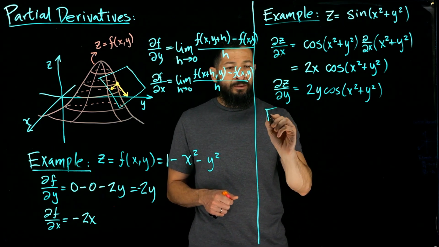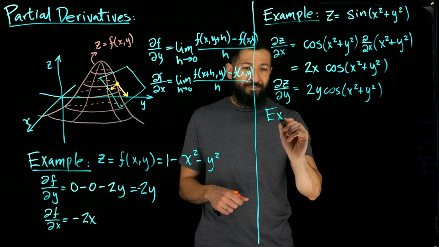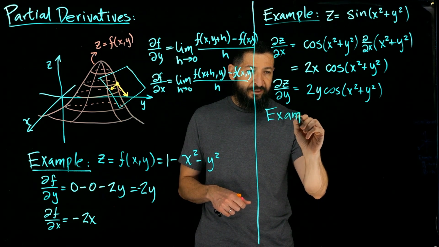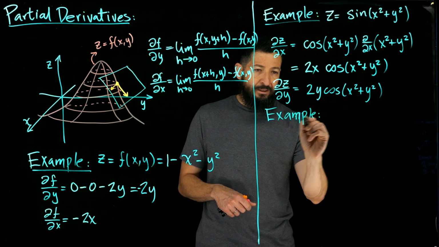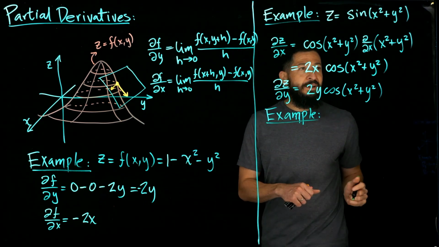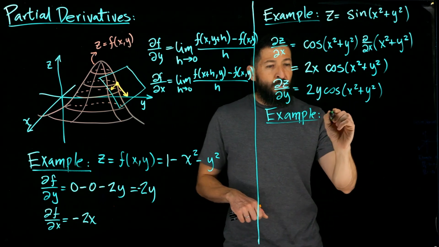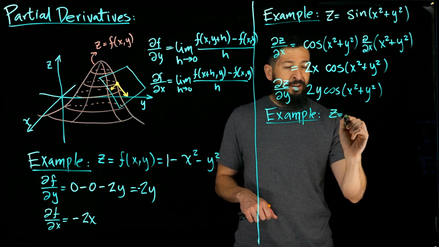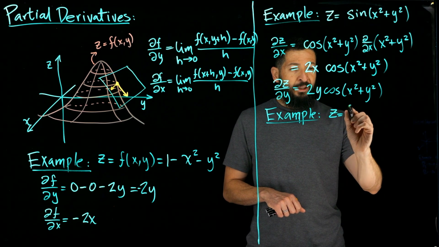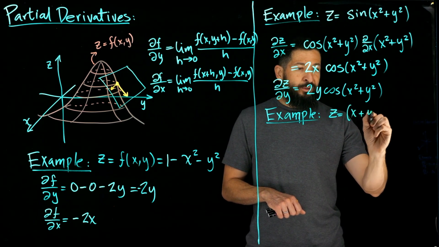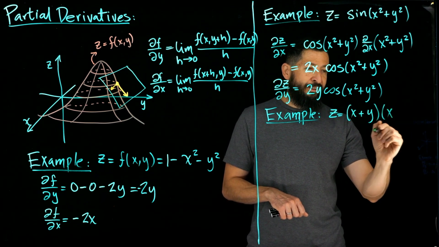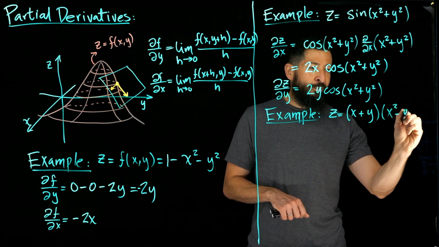Let's do one where you have to do, for example, product rule. Alright, so let's do one where you get z, and we're going to do a product rule, for example. So let's do x plus y times x squared minus y squared.